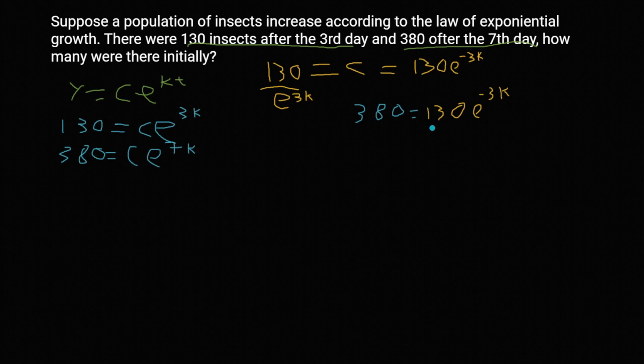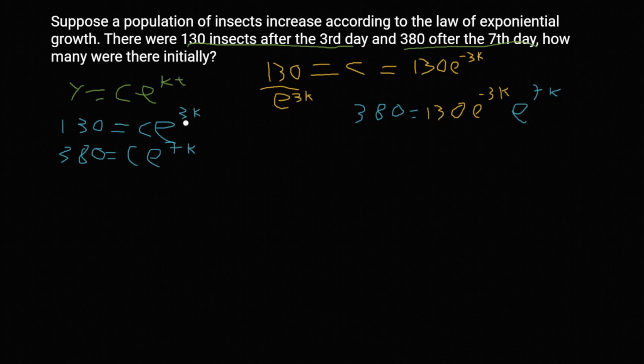We need this e to the 7k. So we're going to multiply this by e to the 7k. And we just saw how these properties of exponents work. We're going to do the exact opposite of what we did for the kind of proving it earlier. So we add these exponents. Because they have the same base, we can add the exponents. Negative 3k plus 7k.